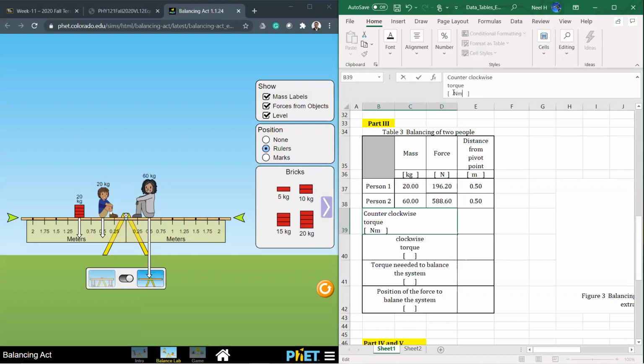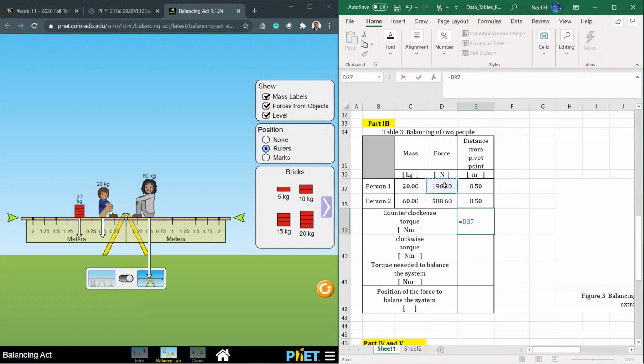Counterclockwise torque, newton meters. Clockwise torque, newton meters. Torque needed to balance the object. So we can find it easily. The torque needed to balance the object is actually the difference between these two torques, right? That is again in newton meters. Counterclockwise torque comes from the left-hand side, right? The left-hand side is the smaller guy.